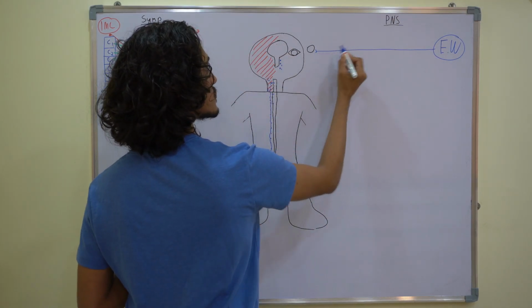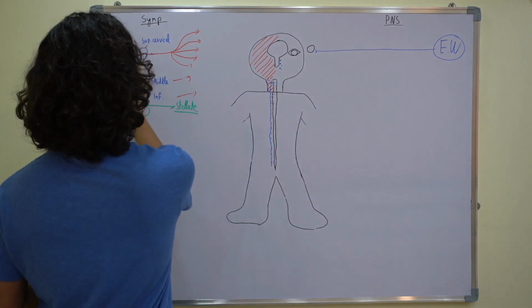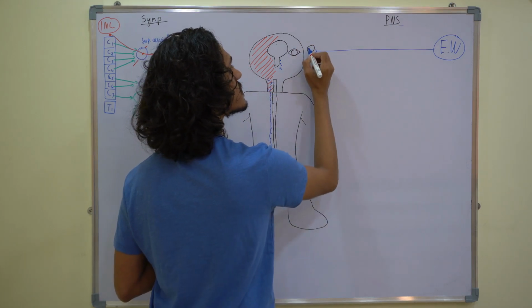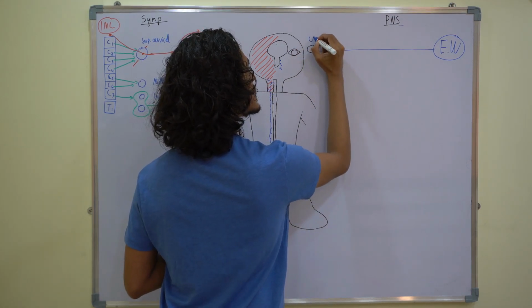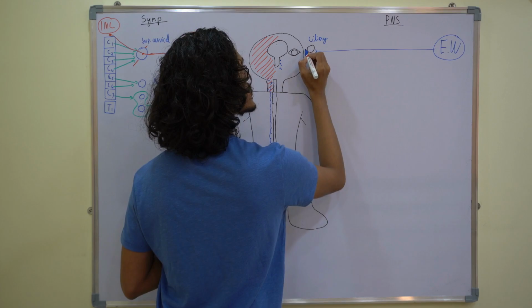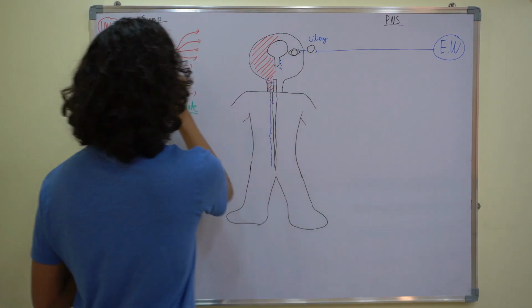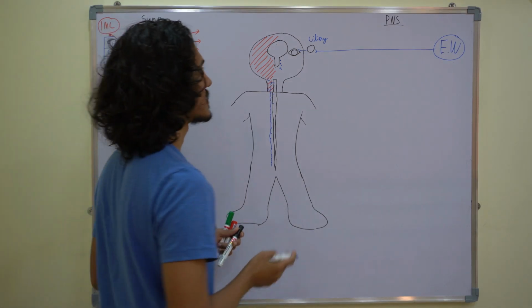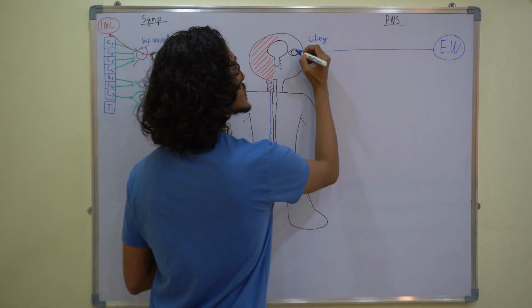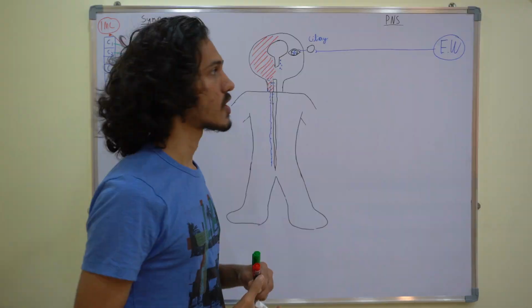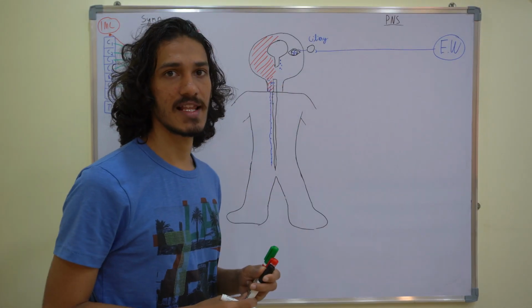You can see how long it is compared to how short it is over here. And the postganglionic segments from the ciliary ganglia are going to go to your eye. See how short this is compared to this. So that is the Edinger-Westphal nucleus.